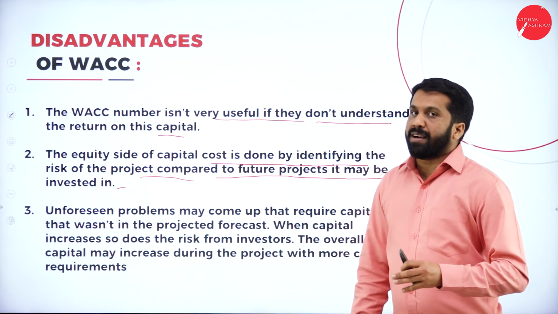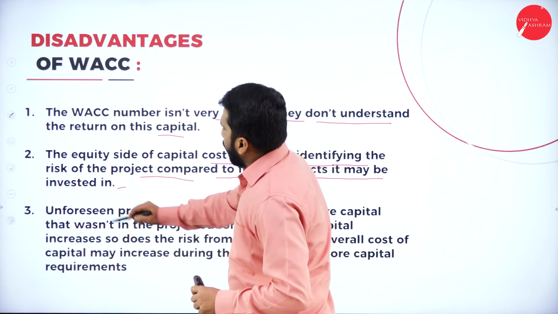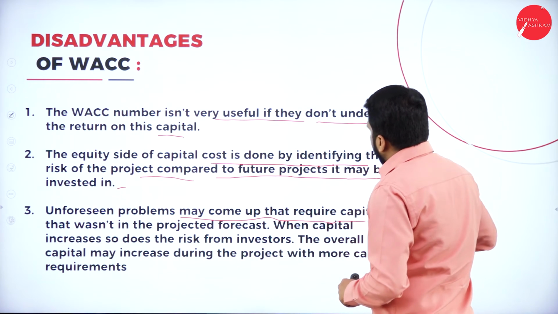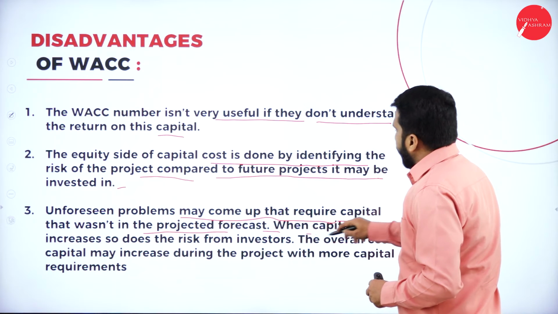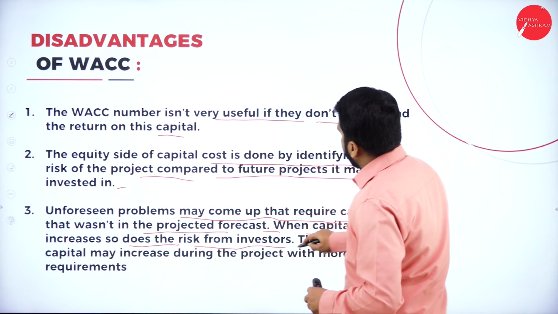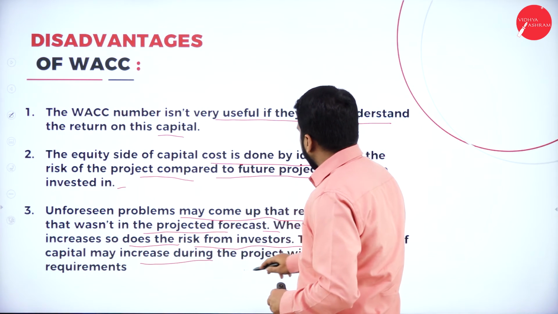You cannot do a comparison for the current year as well as next year. Last one, unforeseen problems may come up that require capital that wasn't in the projected forecast. When capital increases, so does the risk from investors. The overall cost of capital may increase during the project.